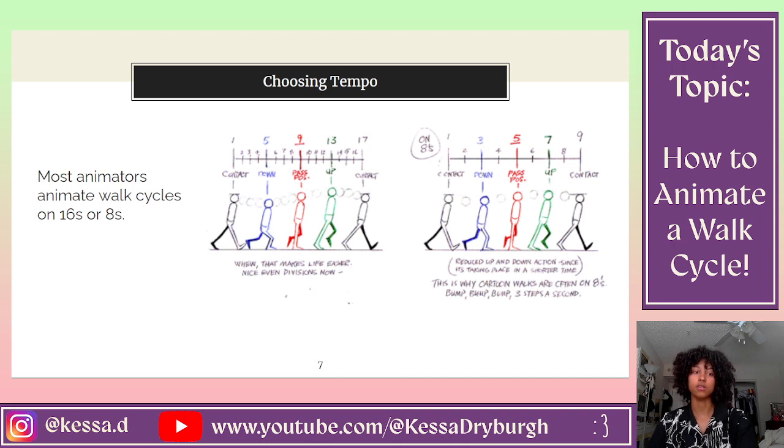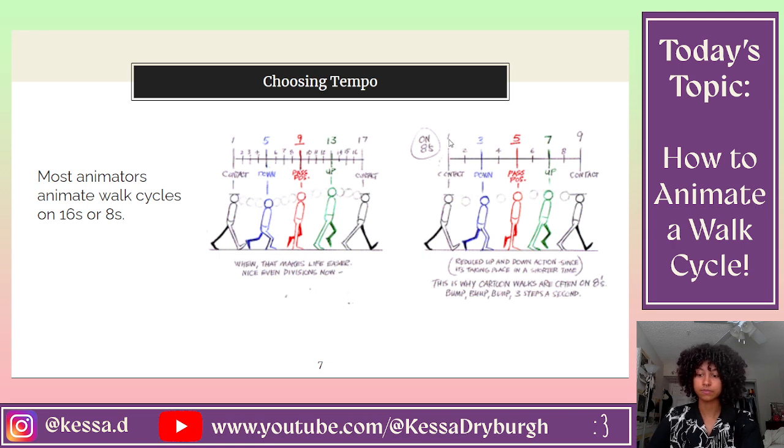So it's really easy to just say, okay, this pose goes here, count 4 frames, this pose goes here, count 4 frames, etc. You can also go as fast as animating on 4s, which means that the step would take 4 frames, or you could go as slow as animating on 32s, which means that each step would take almost a second and a half, but that is up to the individual animator and what the necessities of the cycle is.